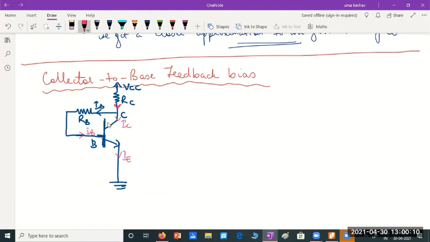Looking at this circuit, IC is the current entering the collector of the transistor, and IB is the current flowing through this feedback resistor RB to the base region. So what should be the total current in this RC? The current through RC is IB plus IC, which in other words is nothing but your emitter current IE.